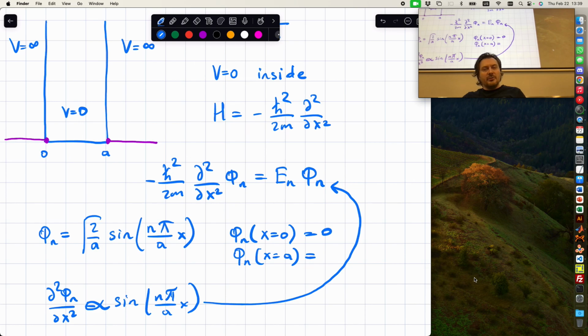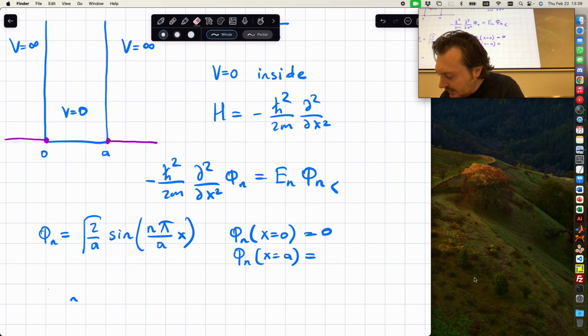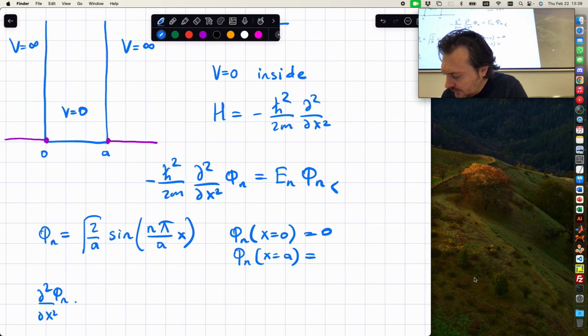Okay, I want to go over this theory part quickly and reach the computation part. But yeah, let's plug in. Let's actually calculate del squared over del x squared of psi n. So what do you get?